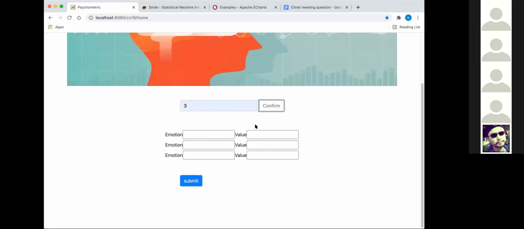Okay, so I want to collect the data on happiness, and the data I want to collect is basically 4 categories. So I put the 4 in there and I create the names, and maybe a minimum and maximum range. I'm not sure about that part. But once you create that, then you can ask lots of people to use that page to assign a number to each emotion.